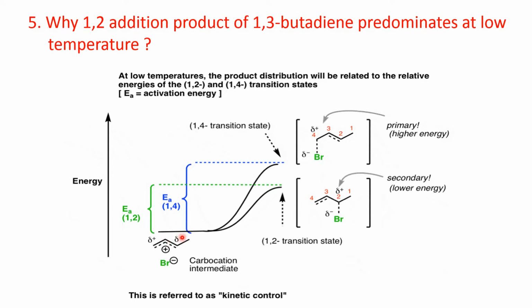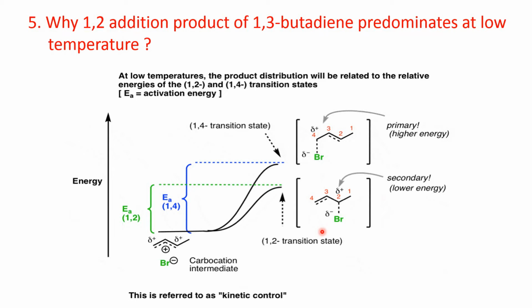So the reaction favorably follows this path. That means the products will form from this more stable, low energy carbocation, which can lead to the 1,2 addition product.